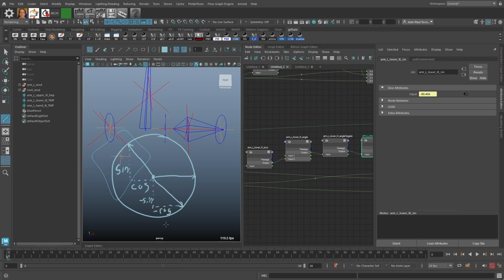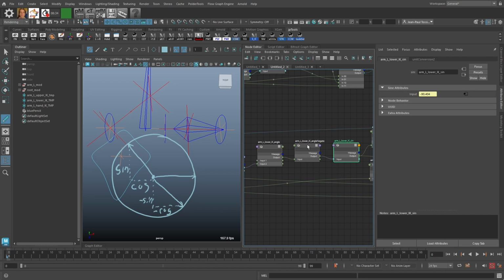And if we then negate the angle again, so this is, let's say, negative 45 degrees, and if we negate that, we get a rotation of positive 45 degrees. And basically what that is doing is just negating the sine value again. So we end up with the original sine value and the negated cosine value.